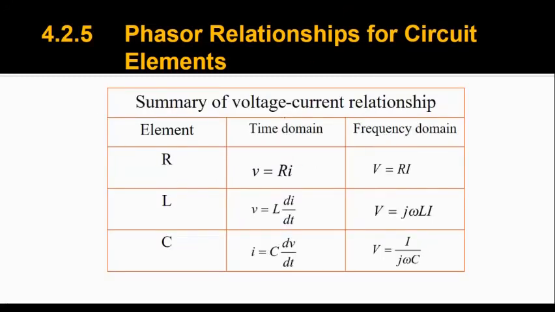This is the summary of the voltage-current relationship. For the resistor, in the time domain it is V equals Ri, and the frequency domain is the same. For the inductor, the voltage is written L di/dt, but in the frequency domain it is transformed into j omega L I. For the capacitor, i equals C dv/dt, and in the frequency domain I equals j omega C times V.